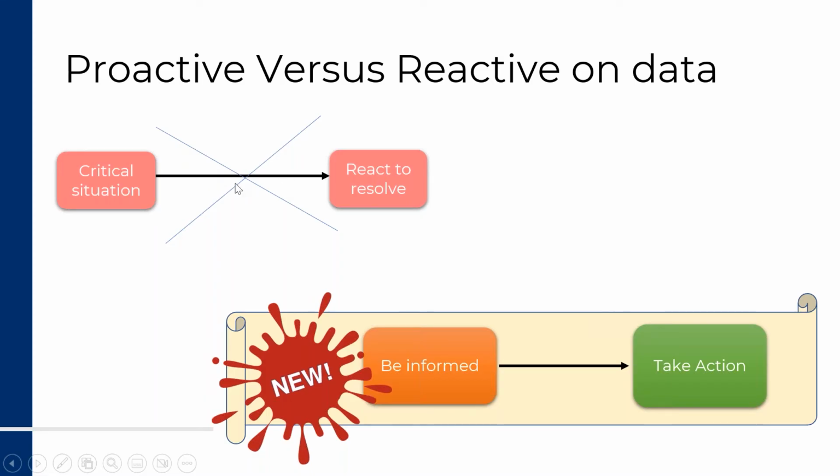What we've helped our clients do is to move away from that and be more proactive towards what is happening in their data. So rather than being reactive, where something happened and now you have to react to correct the situation, we actually alert. That's hence the name Alerts.